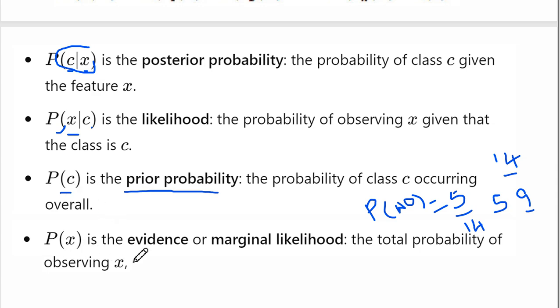And P of X is the evidence, or marginal likelihood probability. That is, the probability of observing X, or the probability of occurring the particular feature or test instance. These are the four terms you have to remember before applying the naive Bayes algorithm.